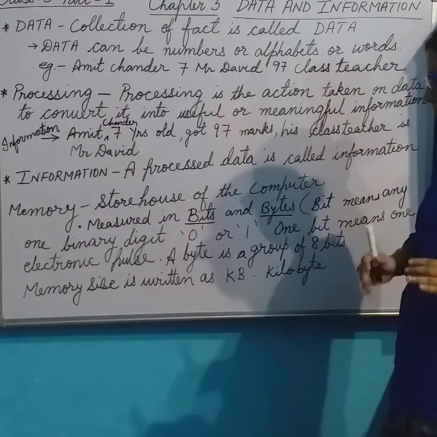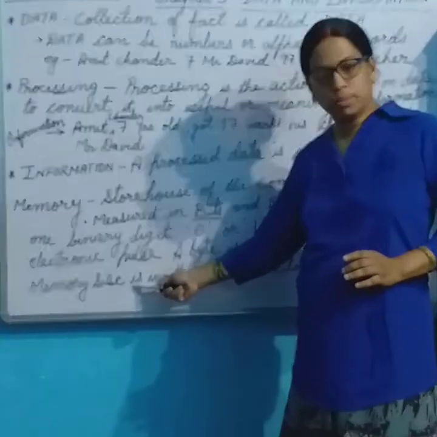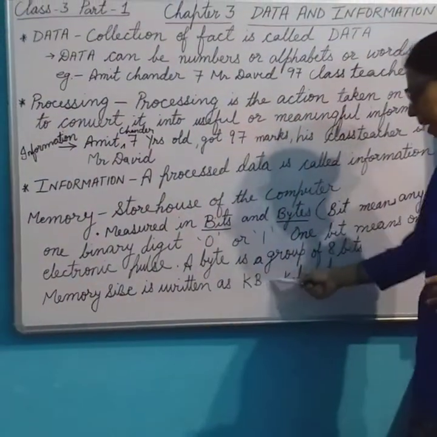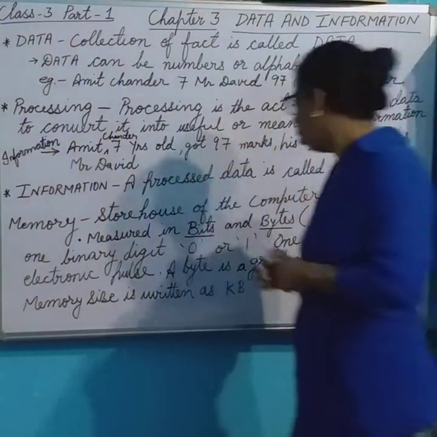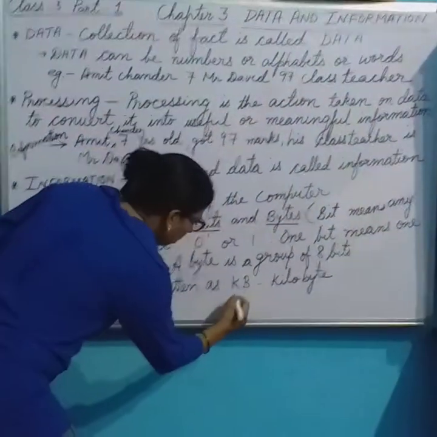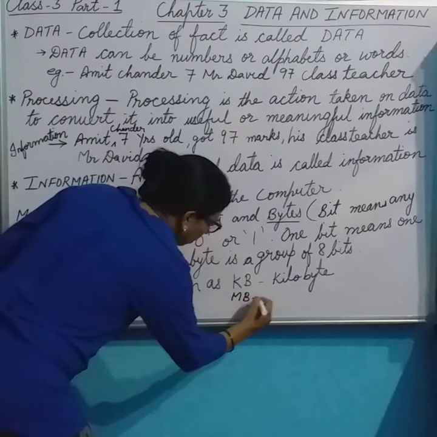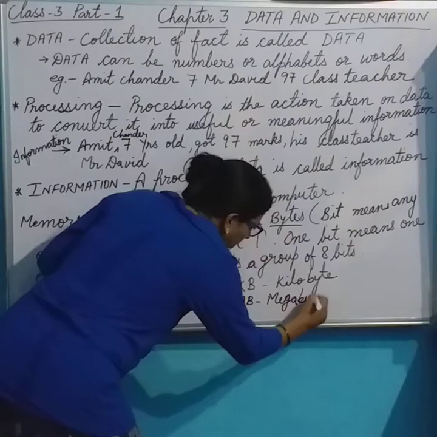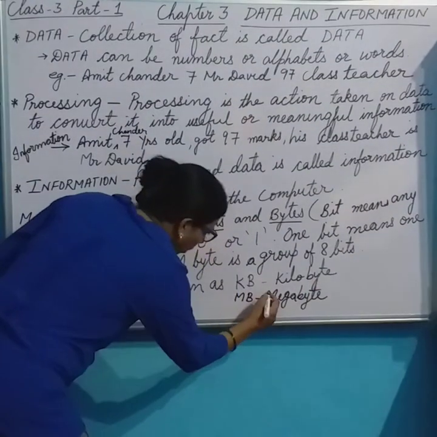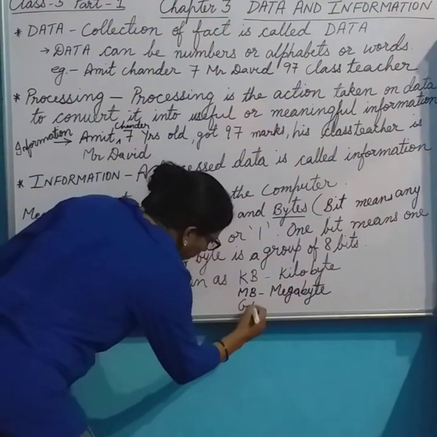And you know, the memory size of computers, laptops and mobiles is written as KB, kilobytes, or MB, megabytes, or GB, gigabytes. The relation between all these I will let you know in my second video.